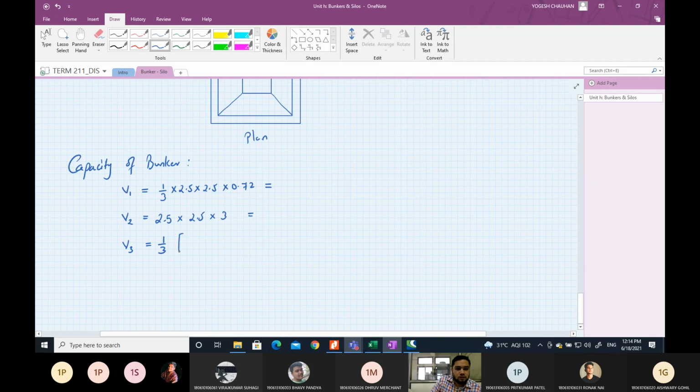So here area A1 will be 2.5 square, plus area at the bottom, that will be 0.45 square, plus square root of A1 into A2, which will be 2.5 square into 0.45 square.